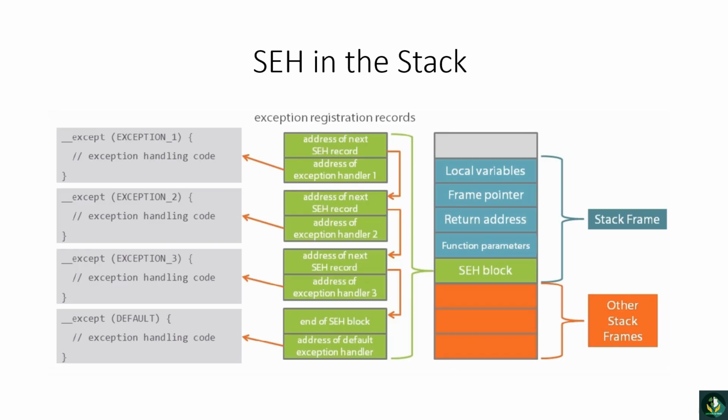If the function does not use structured exception handling, then only the exception registration record for the default exception handler will be present in the SEH block in the function's stack frame.